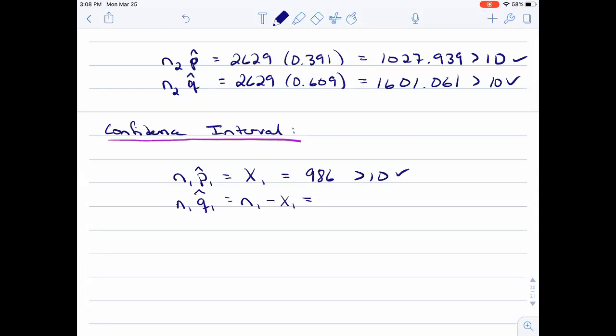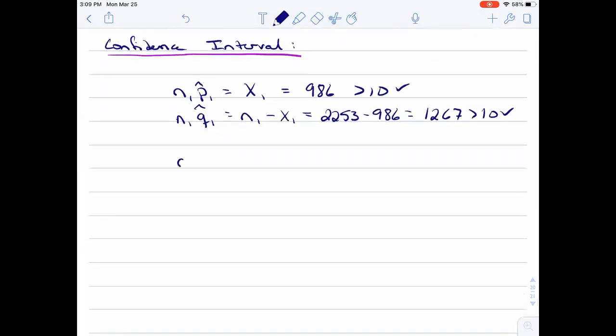So that's 2253 minus 986, which is 1267, also more than 10. And n2 p2 hat is the same as x2, which is 923, greater than 10.